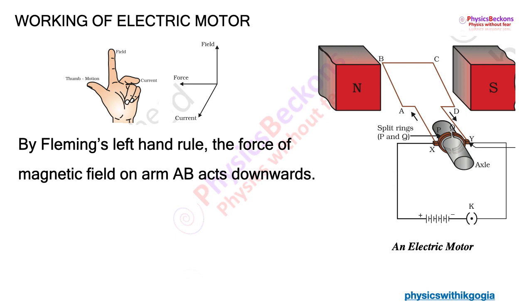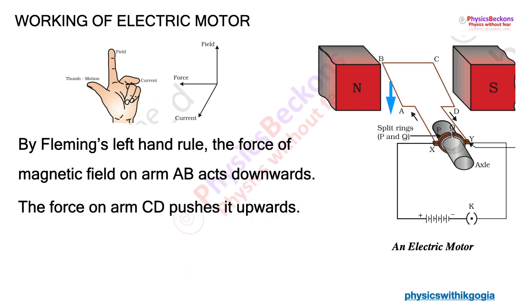If you apply the rule to part AB of the coil, the force on AB acts downward. The arrow shows the direction of the force. Similarly, if you apply the rule to part CD of the coil ABCD, the force on CD acts in the upward direction.